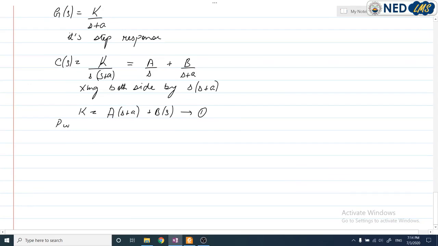I am putting first S plus A is equal to 0, so S equals minus A in this case, so K is equal to, this term becomes 0 and here it is minus A. So the value of constant B will be minus of K upon A.